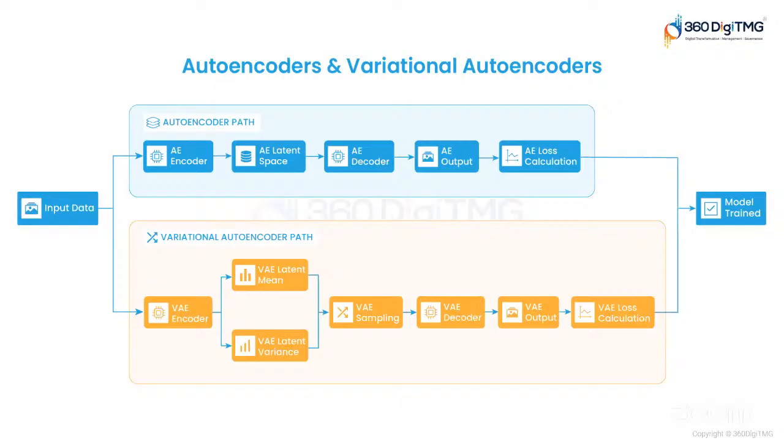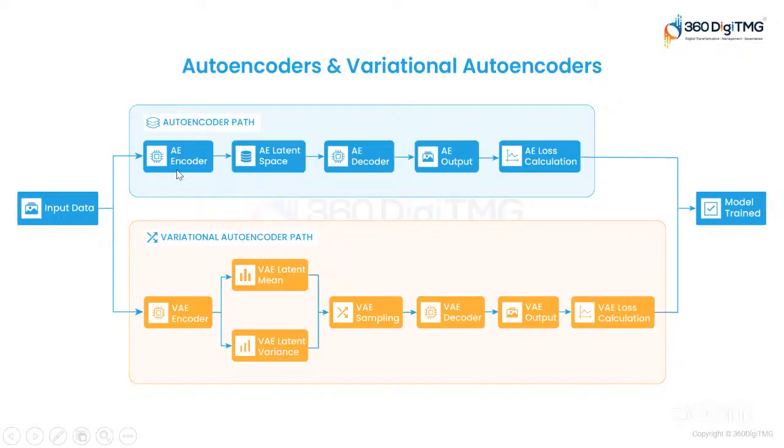What happens in the encoder is that we have our input data. Our input data can be in the form of images. It can also be in the form of text. Suppose we are taking images, we are going to send the images to the encoder.